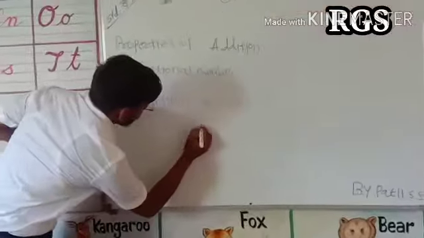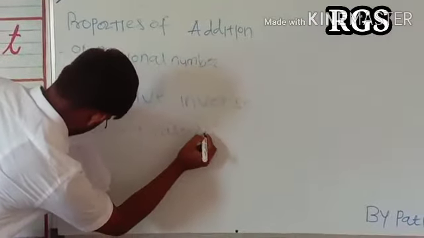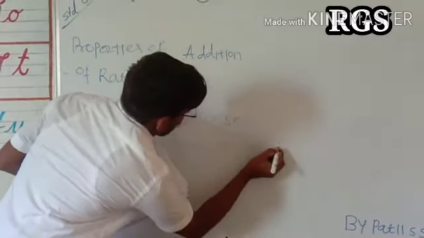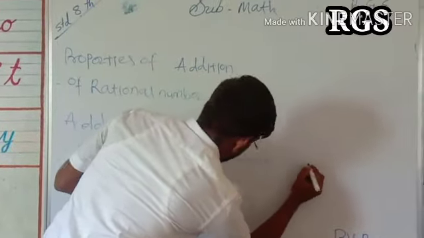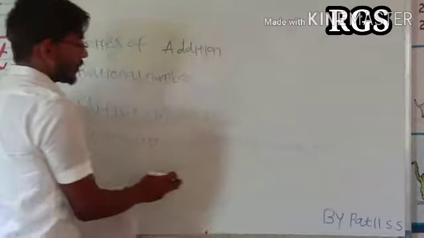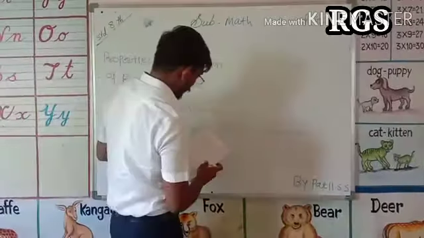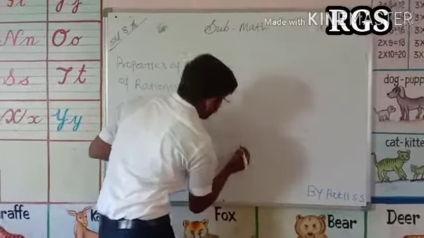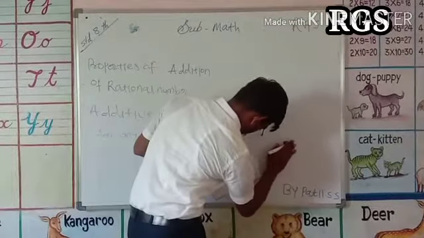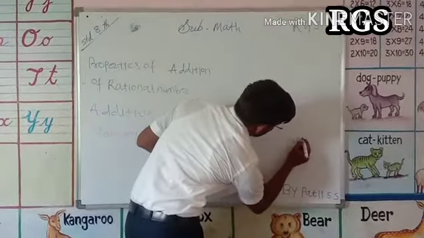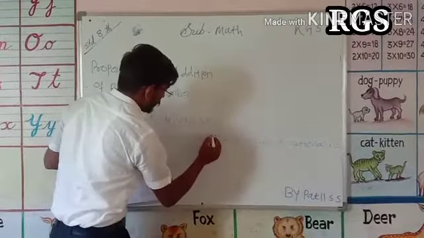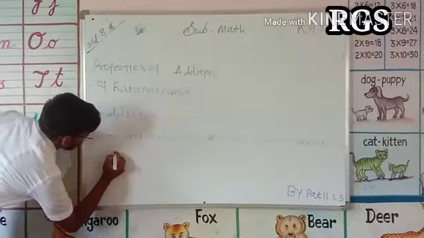For any rational number a, there exists a rational number minus a.